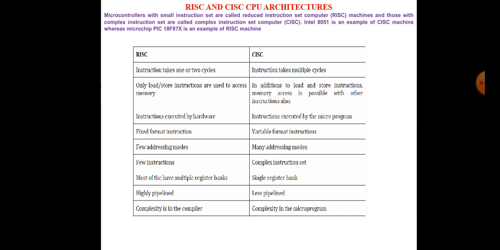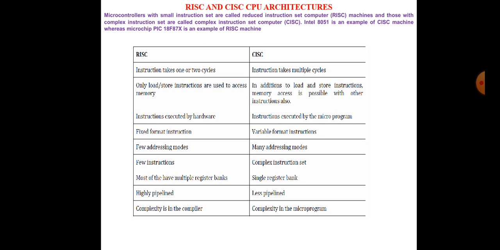Next, in case of your microcontroller or your CPU, central processing unit, or the processor architecture, we have two different types of CPU architectures, or two different types of systems: RISC and CISC. RISC stands for Reduced Instruction Set Computer, and CISC stands for Complex Instruction Set Computer.